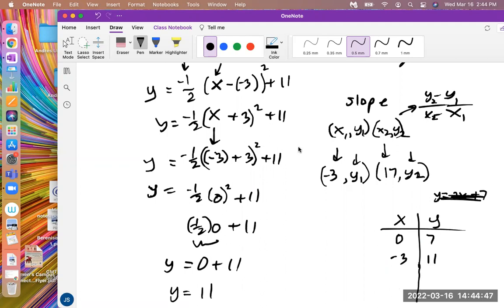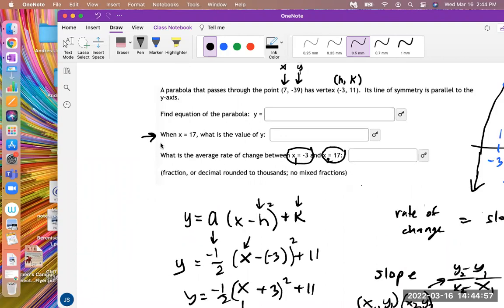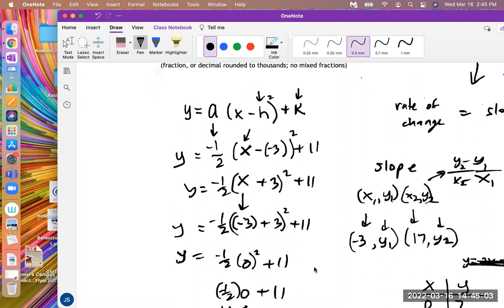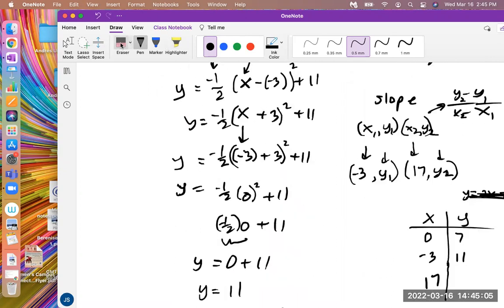Now I'm going to plug in the second one, the 17. Oh, we already plugged in the 17. That was the answer to the previous part, and I can't recall what we got. Well, let's do it again. I think we got -198.